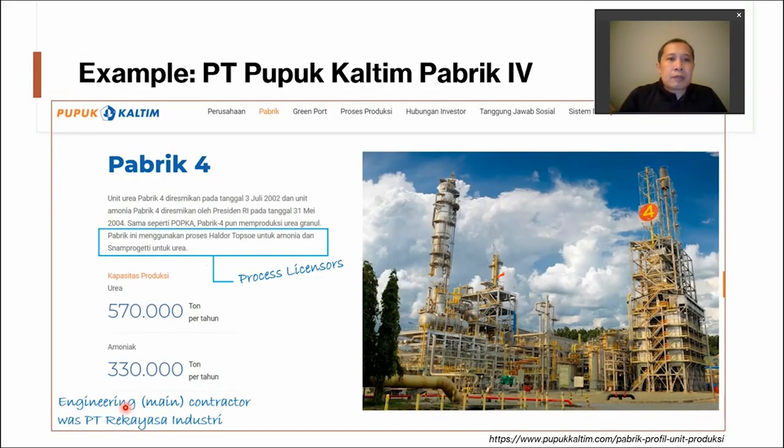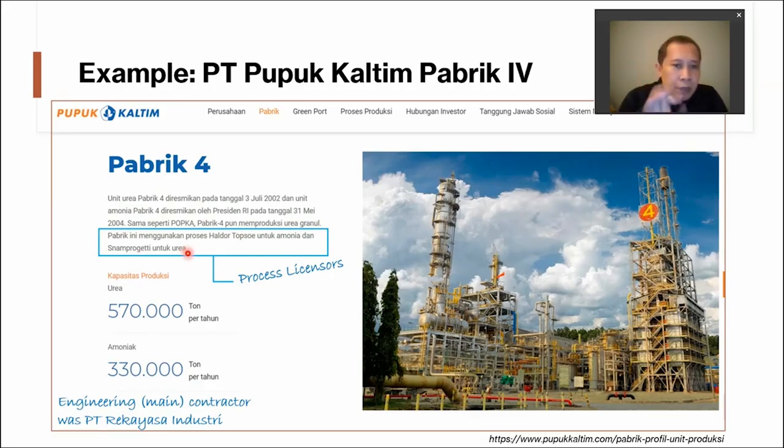Now, just a quick example. This is a picture of plant number 4 in Pupuk Kaltim, taken from their website. If you take a look at the words that I put in the box here, this plant uses the Haldor Topsoe process for the ammonia and the Snamprogetti process for the urea plant. So these two companies would be the process licensors for Pupuk Kaltim 4.